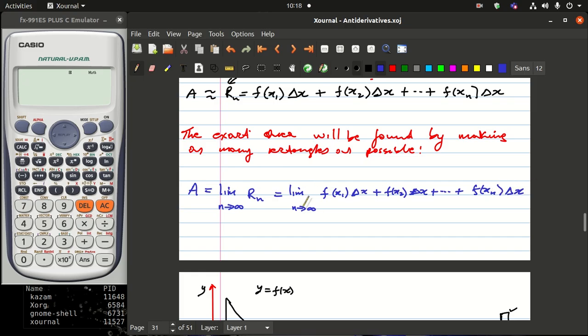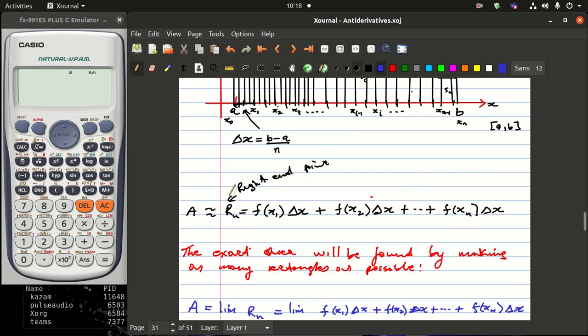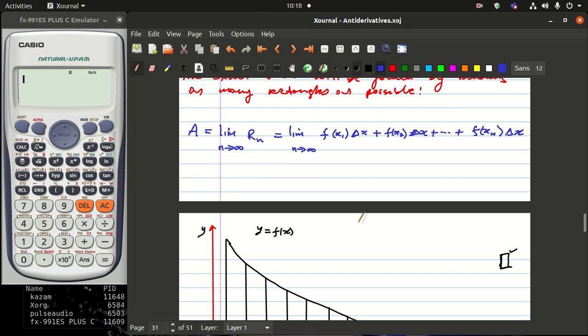So this is just telling us to make as many rectangles as possible, so that these rectangles have the smallest area possible. That is where this limit is coming in. And this is the same as the limit as n approaches infinity of the sum, where i is moving from 1 up to n, of f of xi times delta x. So this thing is the same as that.